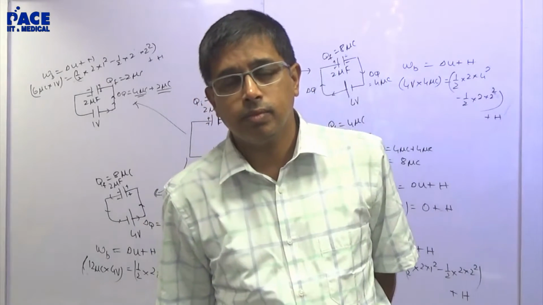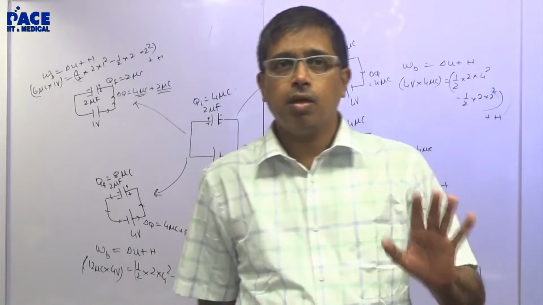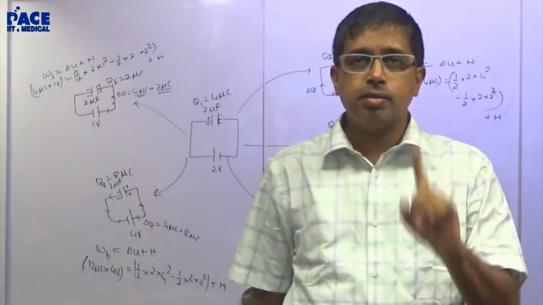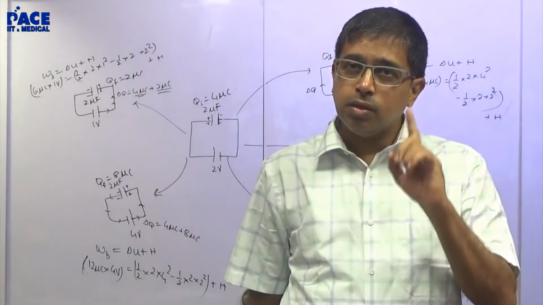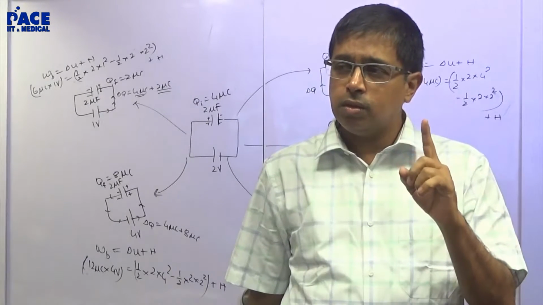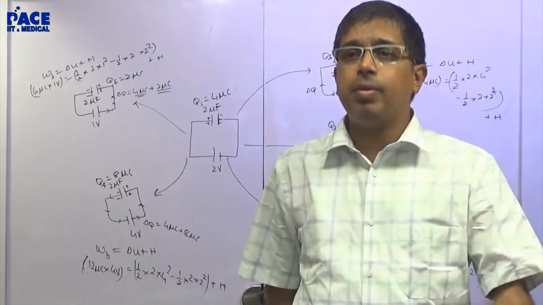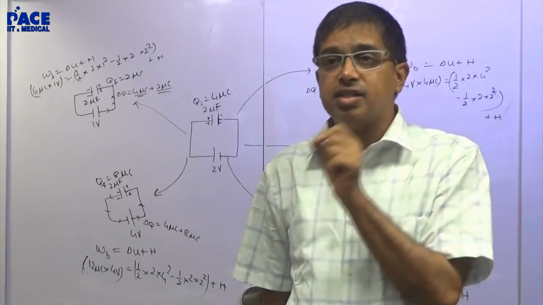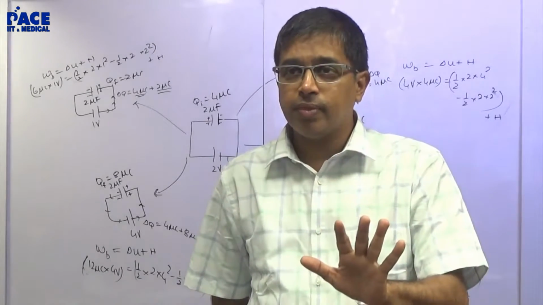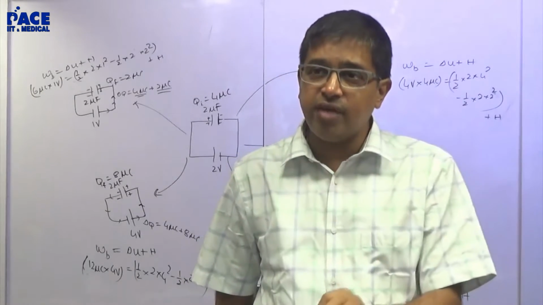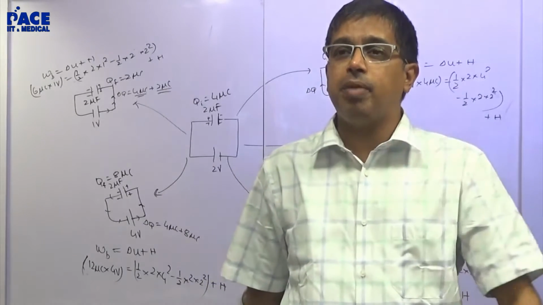All these examples are positive heat, but there can be situations where heat is negative. If ever you come across a problem where heat turns out to be negative, it is heat absorbed by the system. If heat is positive, it is heat dissipated by the system.